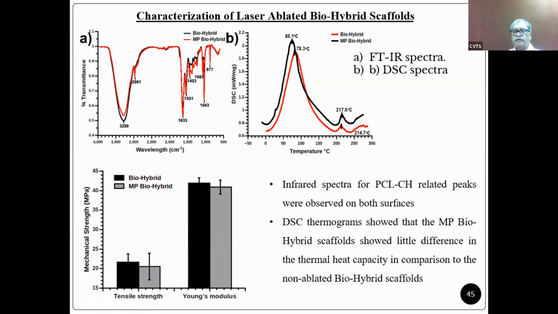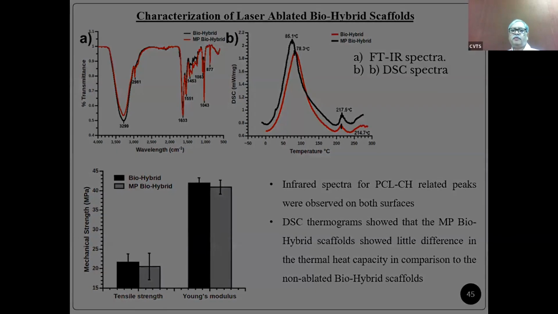This is FTIR, and this is DSC. So it's close to the native versus the bihybrid, and the scaffold also shows Young's modulus. Young's modulus basically tells about the properties and strength, which are comparable after laser treatment. That's not destroying the properties of the tissue.